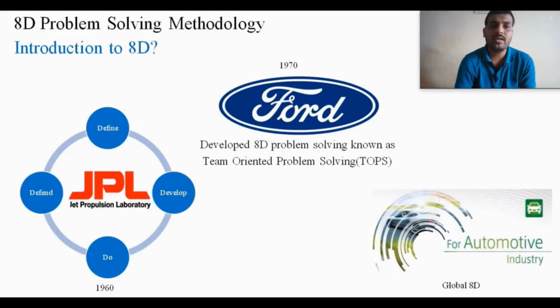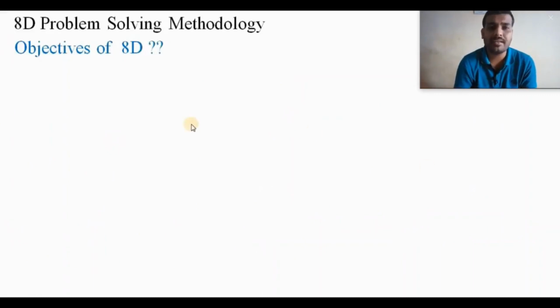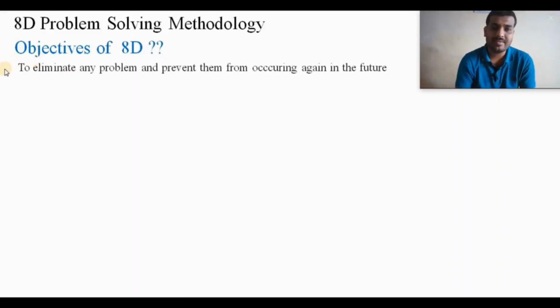Now we will move to the objectives of 8D. The main objective of the 8D method is to eliminate any problems and to prevent them from occurring again in the future.